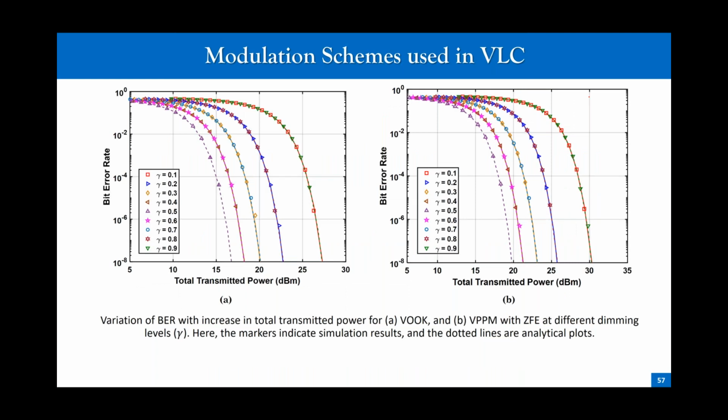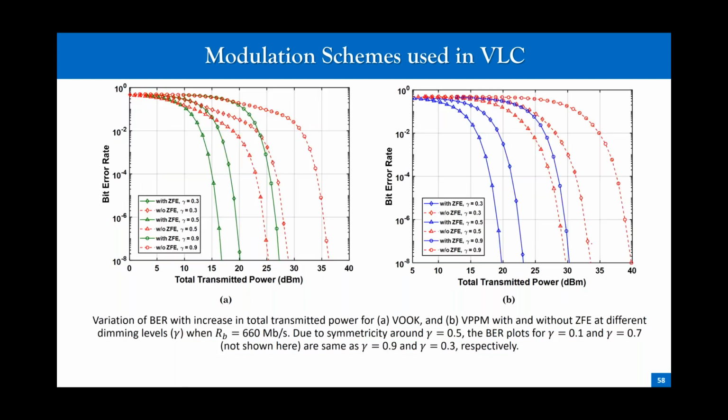We have also looked at the bit error rate of these various modulation schemes, and you can see that BER is also a function of dimming level. What dimming gives us the best BER? Dimming equal to 0.5 gives us the best BER, as expected, because the distance in that case is the highest. This is for VOOK and this is for VPPM.